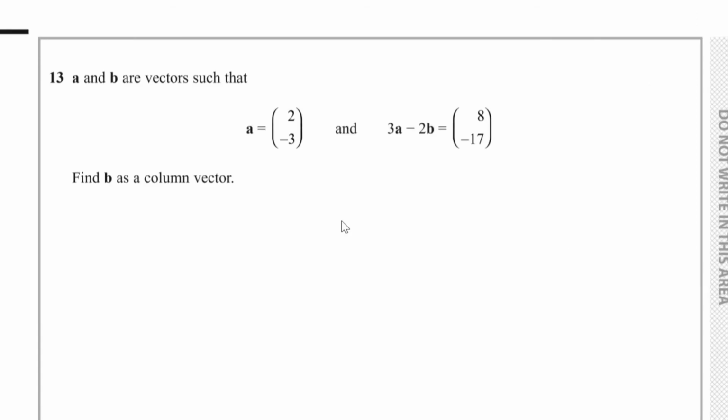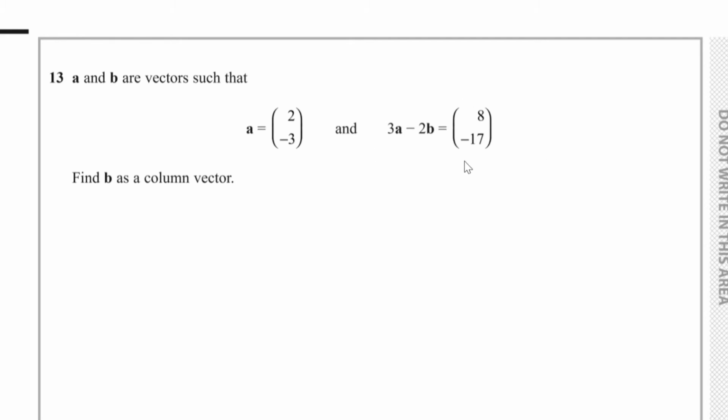Question number 13. A and B are vectors such that A equals (2, -3) and 3A subtract 2B equals (8, -17). We have to find B as a column vector.